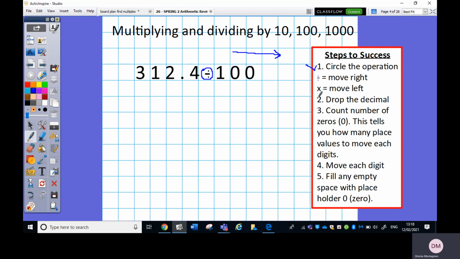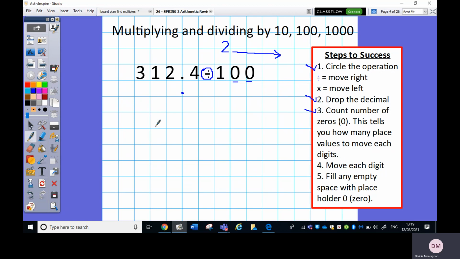Excellent. Can you now read the second step for me? Great, so I'm going to drop the decimal. And the third step, count the zeros, 1, 2, good, we have 2 zeros, so I know that I'm moving each digit 2 decimal places to the right.